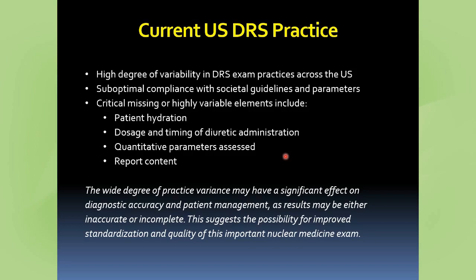This could affect the accuracy of the study as well as patient management, because the results are going to be either incomplete or inaccurate. So I certainly see this as an area of possible improvement, looking at standardization and quality for what I think is an incredibly helpful exam and very valuable to our providers.